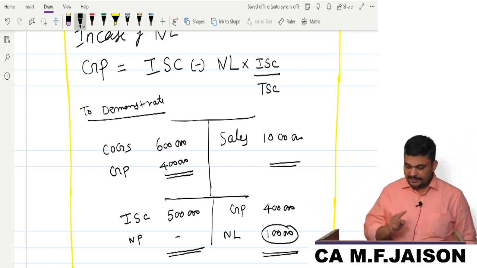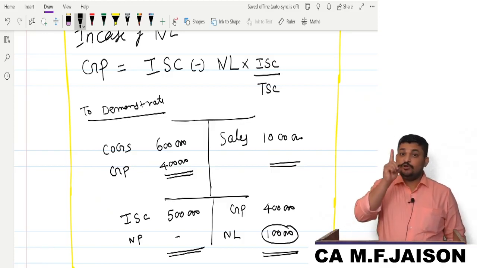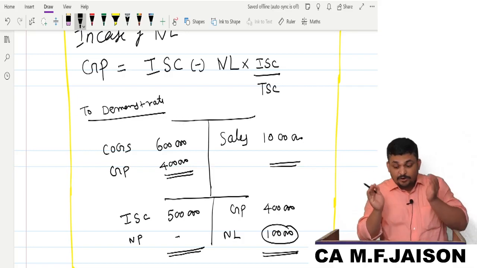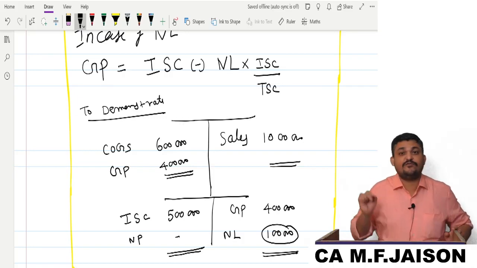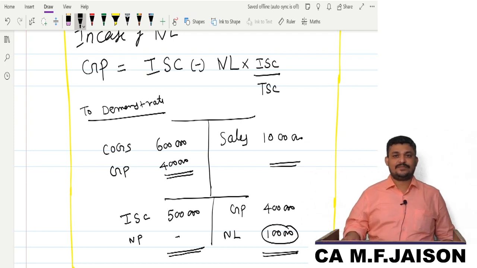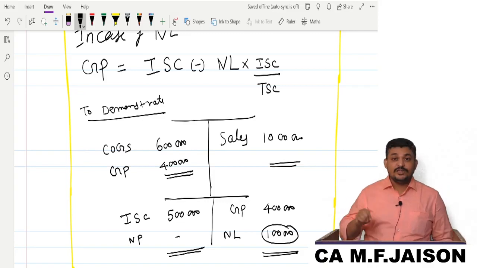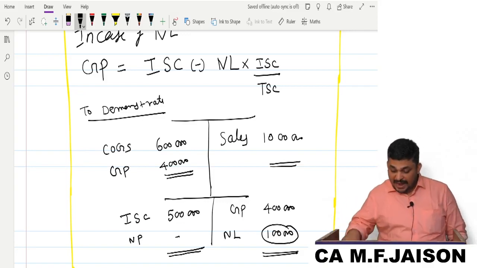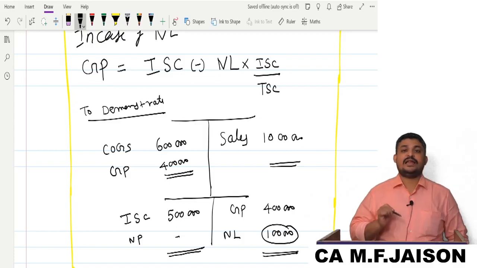Yes. Which means if the fire did not happen, your business would have given you money to bear the fixed cost only to the extent of 4 lakhs.